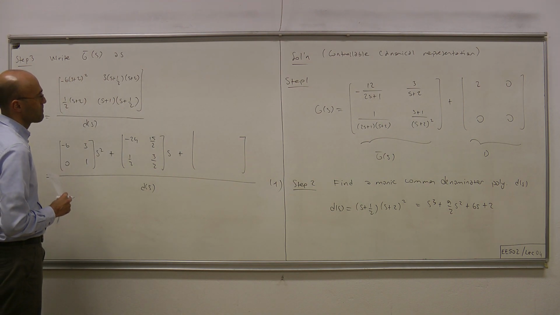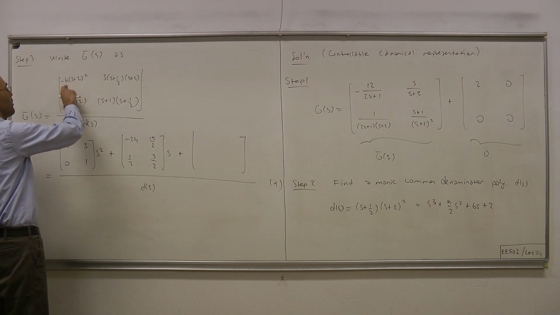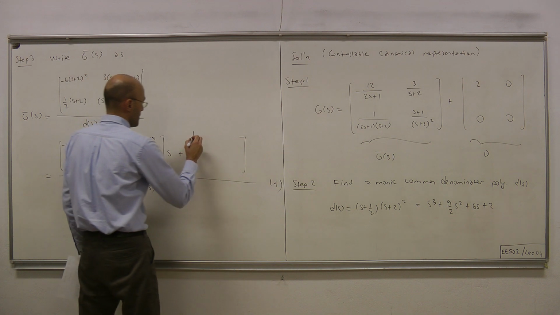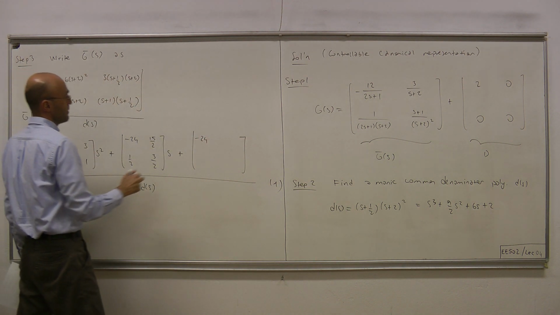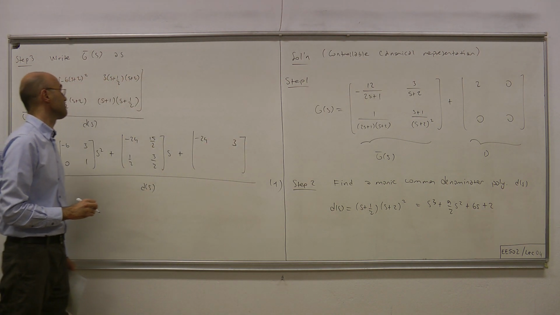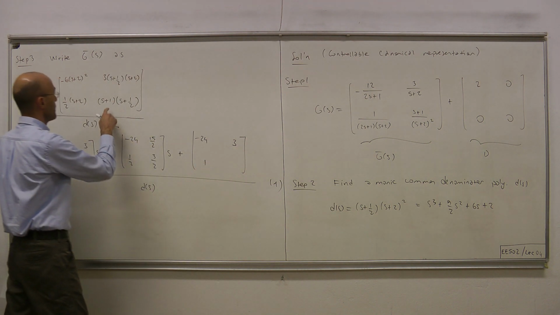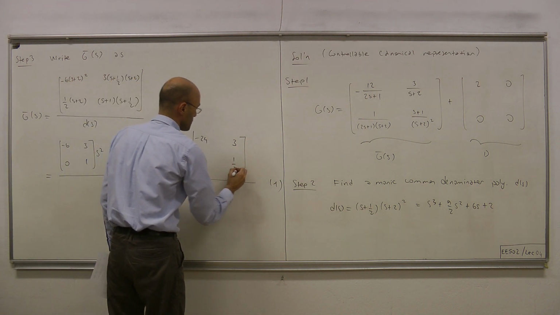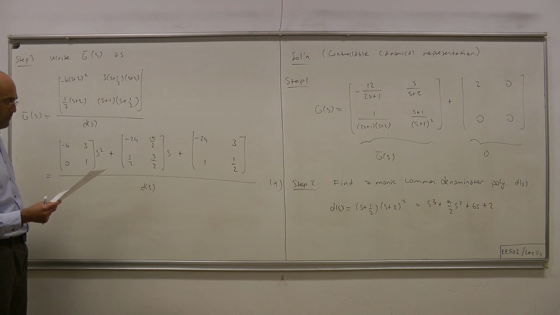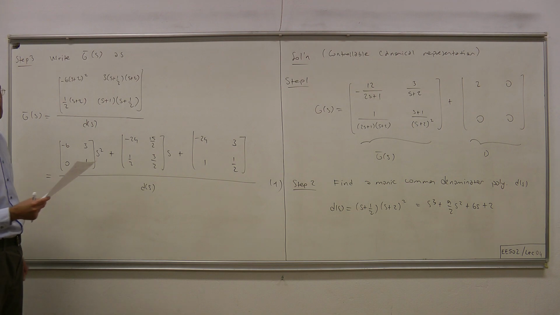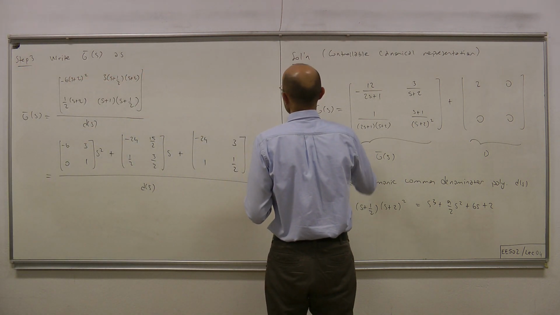Okay, and for the zeroth order terms, what we have is 2 squared, 4 times minus 6, minus 24. You have 2 times 1/2 times 3. That's 3. Here you have 1/2 times 2. That makes 1. And here you have 1 times 1/2. That's 1/2. Divided by d of s. So that's our g bar of s. And that completes our step 3.